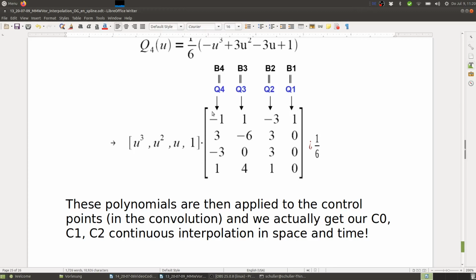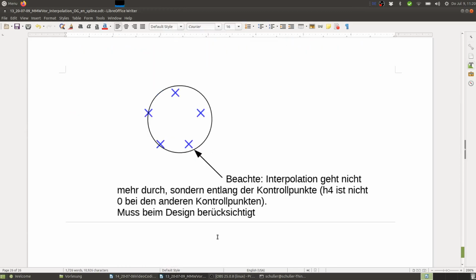Because, say in Python, you can easily write this matrix as an array, and same here for these exponents of u. These polynomials are then applied to the control points in the convolution, and we actually get our C0, C1, and C2 continuous interpolation in space and time. Right, here, back to our original example, we have our 5 points, and now hopefully we get something closer to a circle.